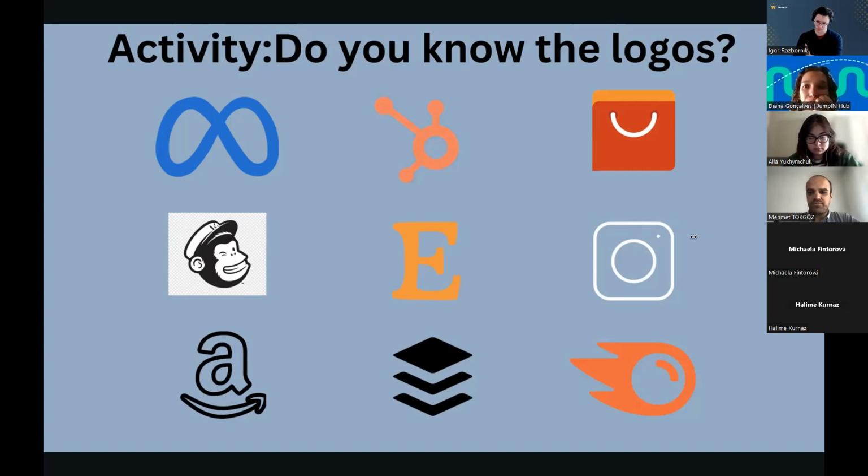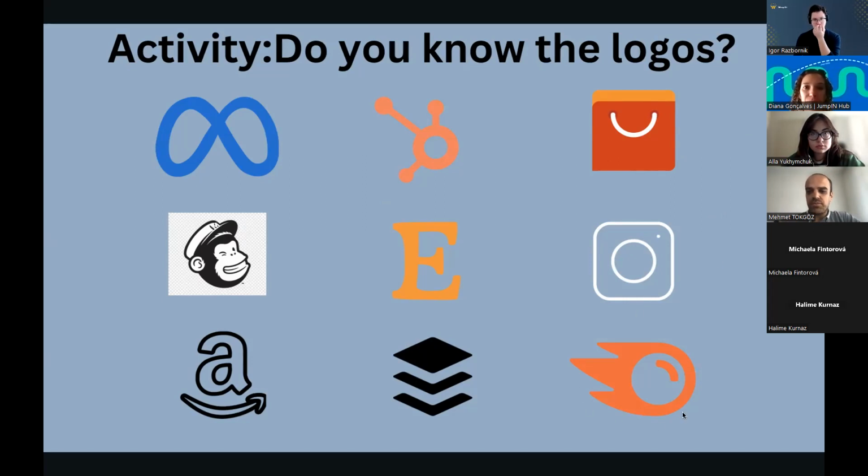Yeah, we got the most popular ones, especially Amazon here, and Instagram, of course, almost everybody knows it, and AliExpress, and Meta, the main organization behind Facebook and Instagram. Yeah, good. And Etsy with the logo of E, it is also another e-commerce website like Amazon.